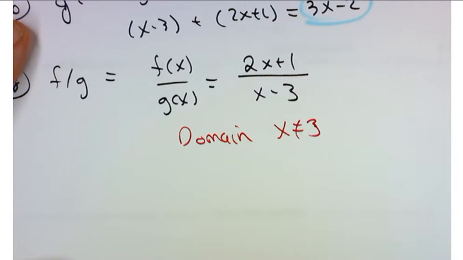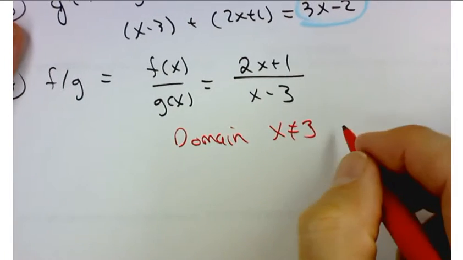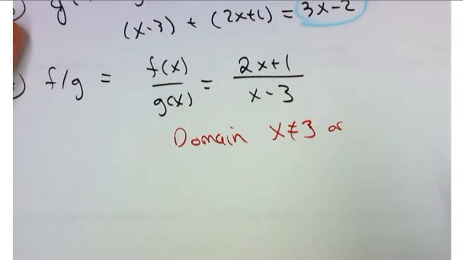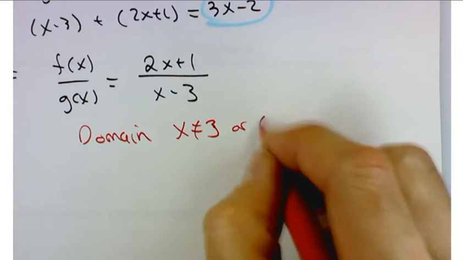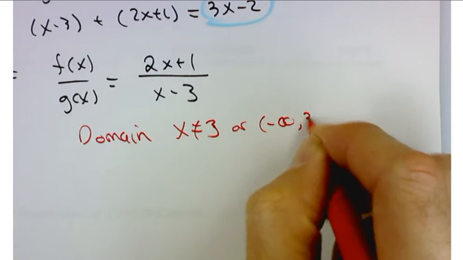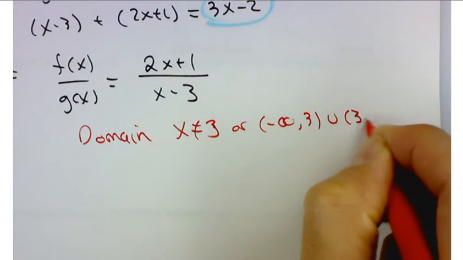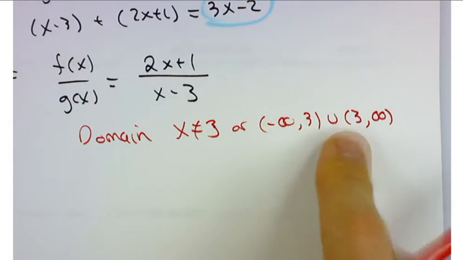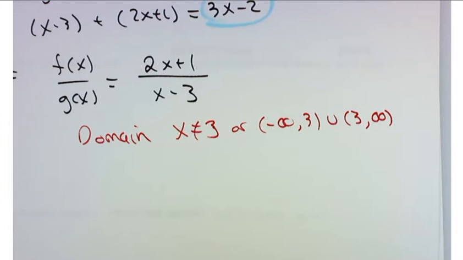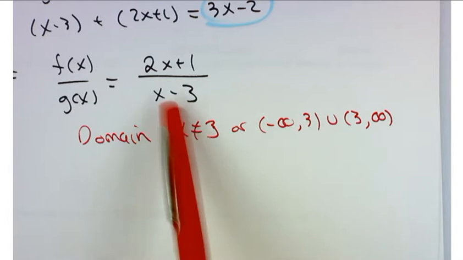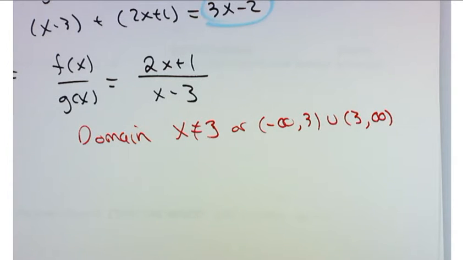And I'm fine with that. You could write it in interval notation: negative infinity to 3 union 3 to infinity. Just make sure you use parentheses there and not a bracket because you don't want to include the 3. So again, basically everything but 3. Plugging in a 3 there, you'd be dividing by 0.